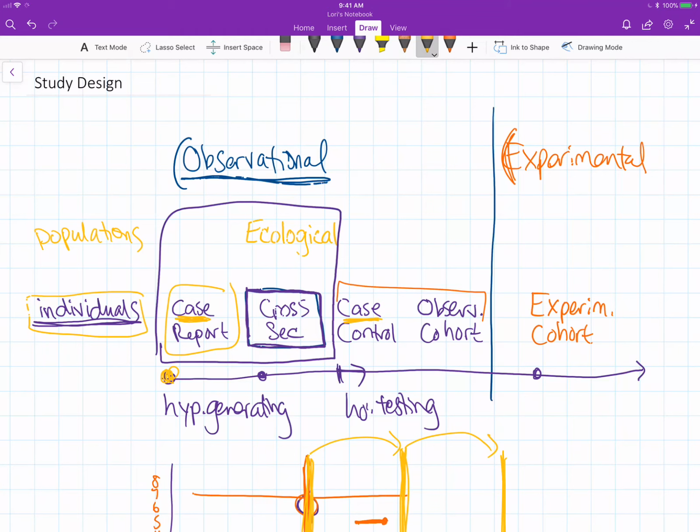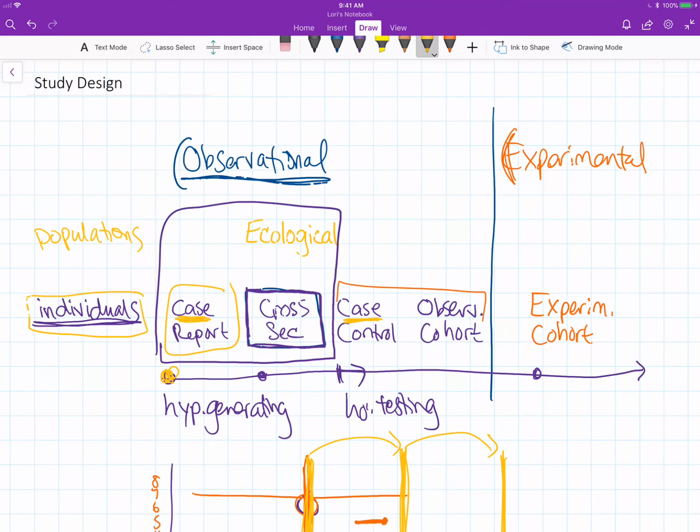The limitation that automatically comes out of just reporting cases is that we have essentially no comparison group. We don't have a group of people that we think is similar, but where we can compare them across some different variables. That comes later.